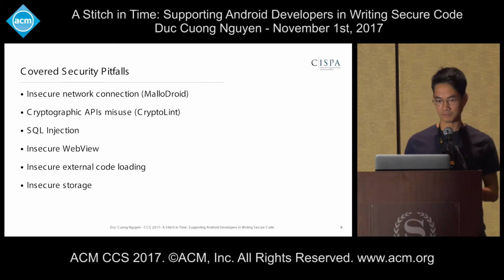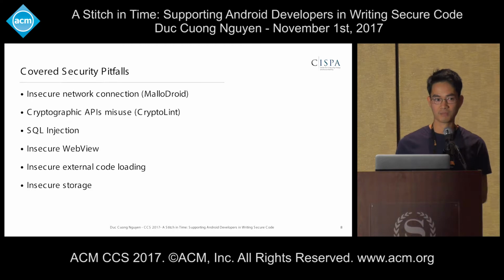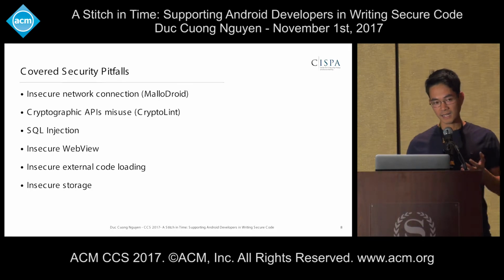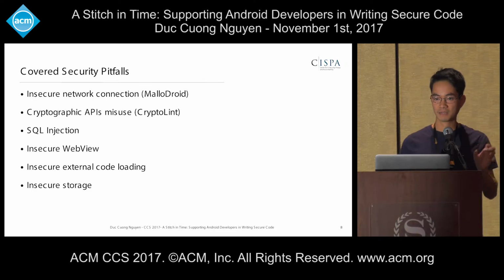And similarly, when developers try to load code dynamically, but through insecure channels such as the HTTP protocol, or loads code from a publicly accessible folder, FixDroid also tries to detect this. And lastly, if developers store user private information on publicly accessible folders, such as the download folder, like user email, phone numbers, or passwords, this is also checked by FixDroid.